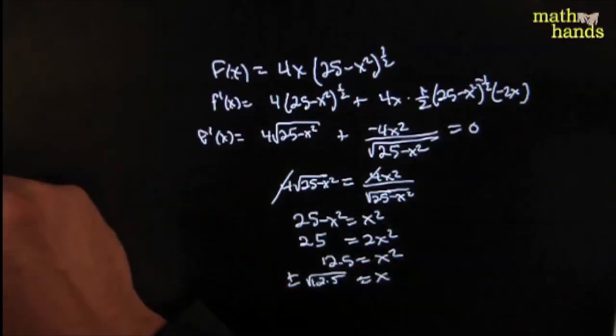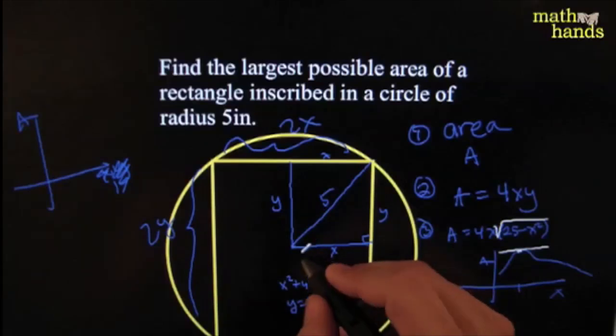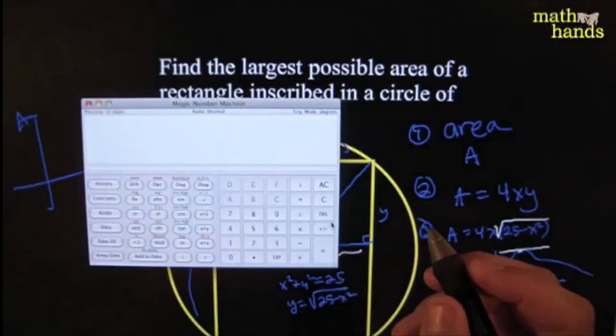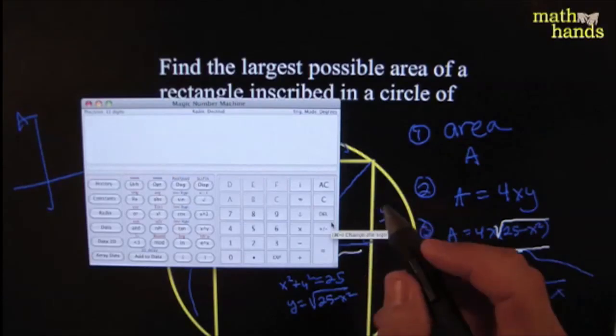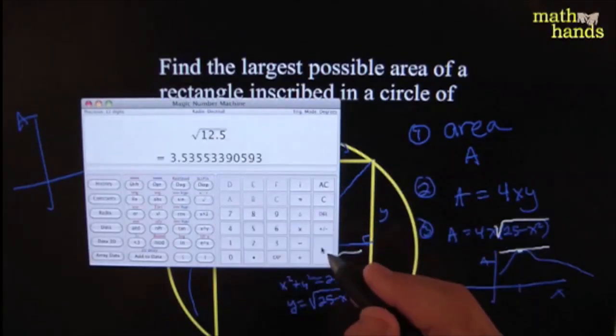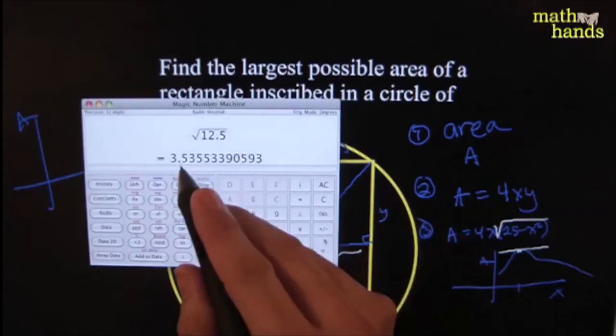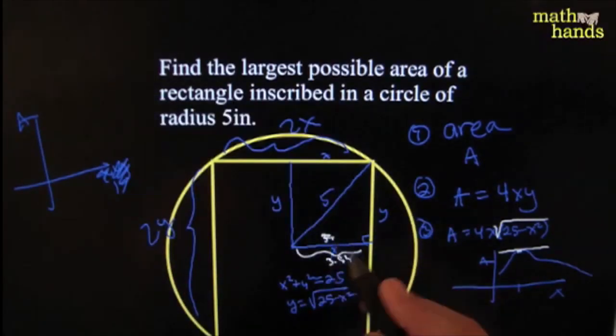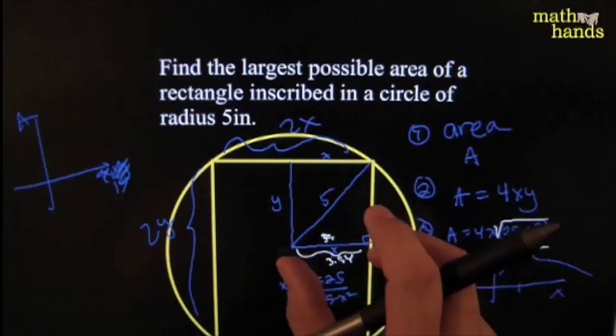It tells you that when x is 3 point whatever that was. Whoa, what happened to it? Did I erase it? Square root of 12.5 is 3.53, I'll say 3.54. When x is 3.54, I have a critical point.